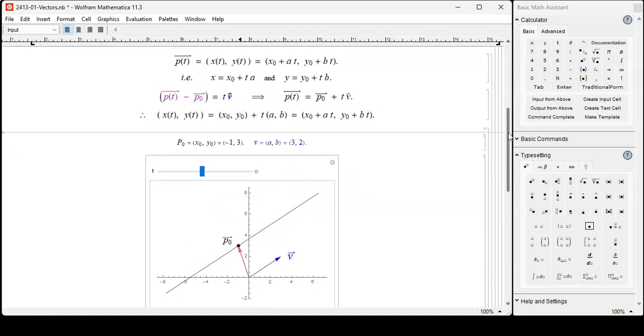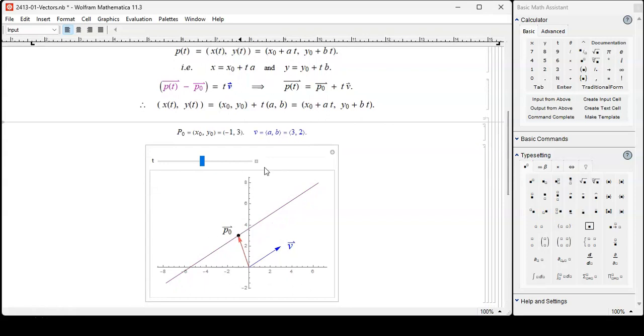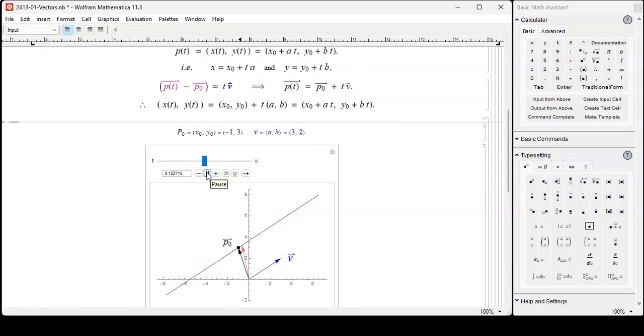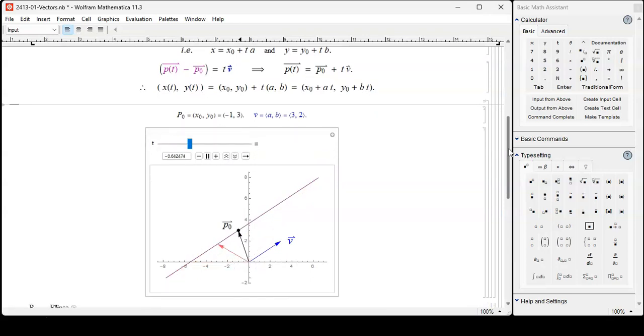Now look at this. So do you see this red arrow moving around? This red arrow is P of t, the position vector. Let's stop this. So that's the red vector you're looking at.